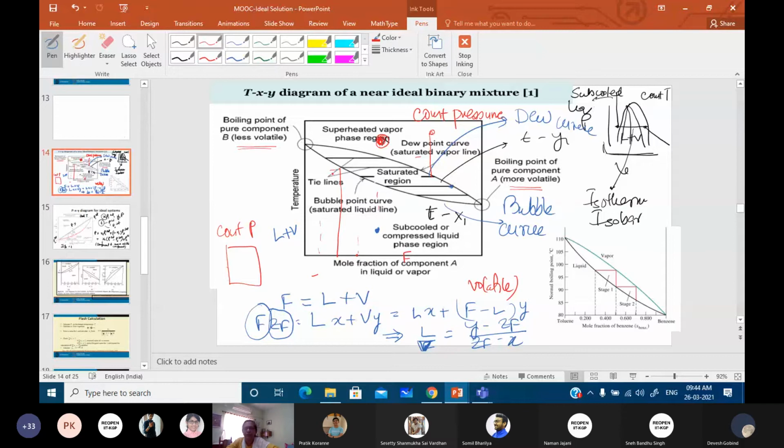I would like to separate component 1 and component 2. The composition in this case is X1. I start heating and then at this particular point, I simply get a liquid vapor mixture. Can you tell me what will be the composition of the vapor which I'll obtain by heating the mixture of composition X1 at constant pressure to this particular temperature T saturated? Right, I heat it to this temperature.